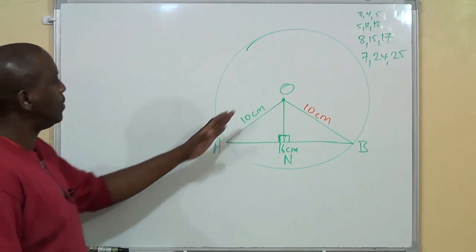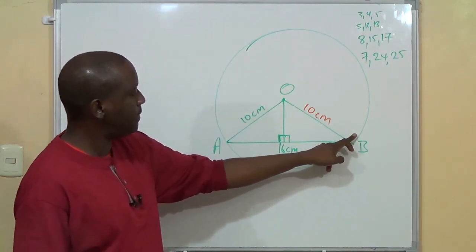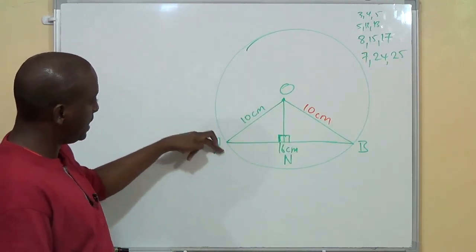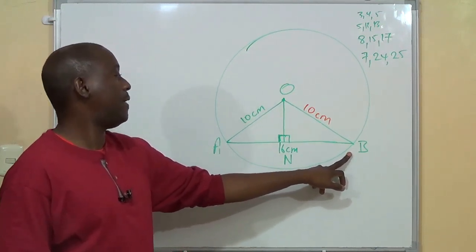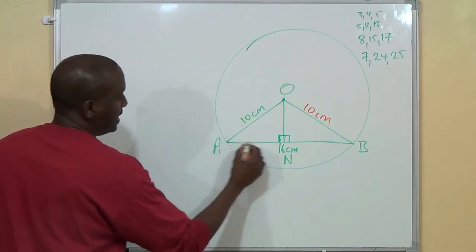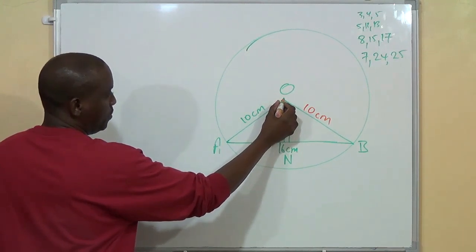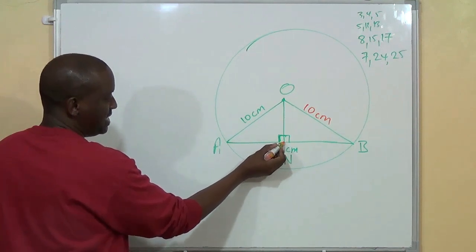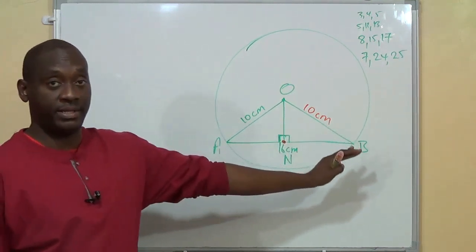And if OA is 10 and OB is 10, both of them being radii, that means that triangle OAB is an isosceles triangle, right? So this line here, AB, which is a chord, because we drop a perpendicular from O to here, because this is a perpendicular height, it means that this point here is the midpoint of AB, right?